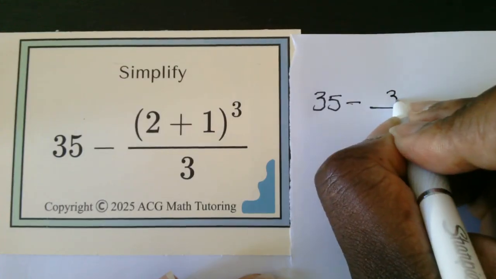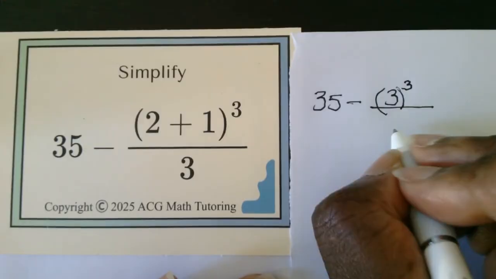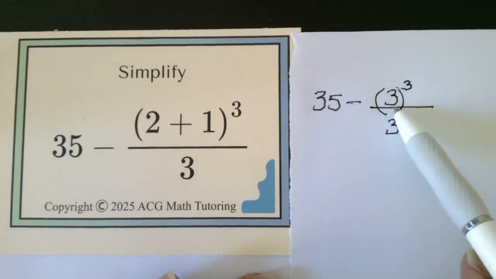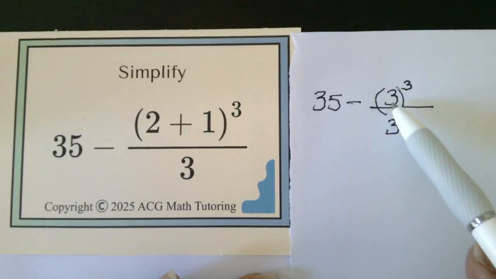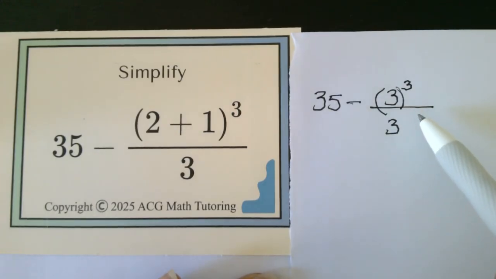That gives me 3 to the third power over 3. Now, we could try to figure out what 3 to the third power is divided by 3. But take a look. These two things have the same base. They have the same exact base. I could use one of my lovely properties of exponents.